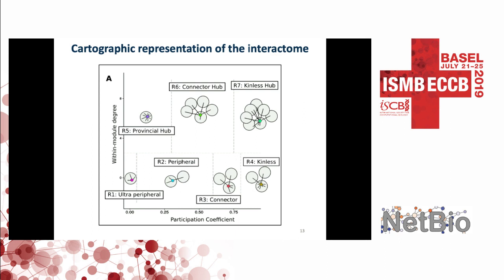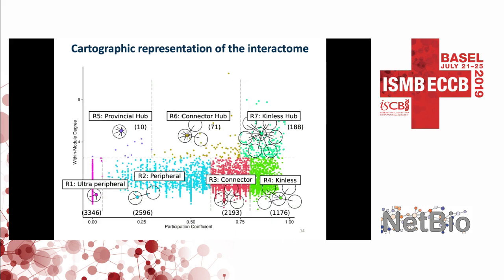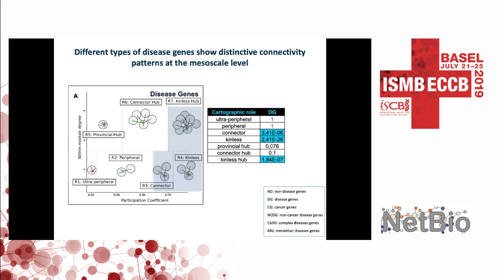These cartographic roles are heuristically defined based on the data. In the case of the human protein interaction network, this is how this distribution looked. We use this framework to characterize the different classes of disease genes.